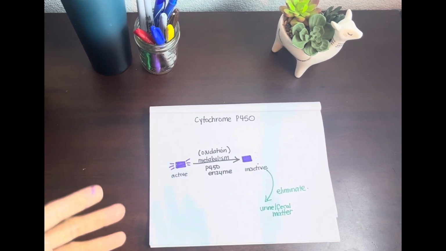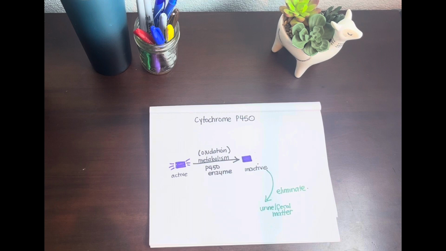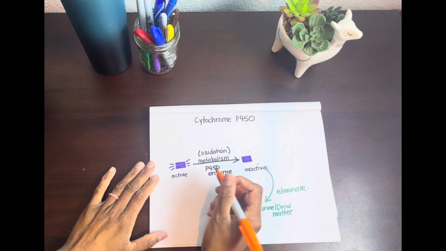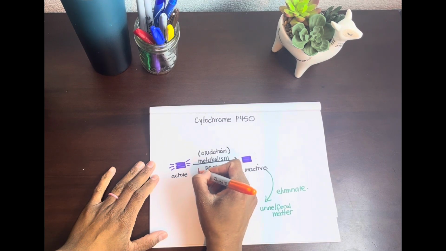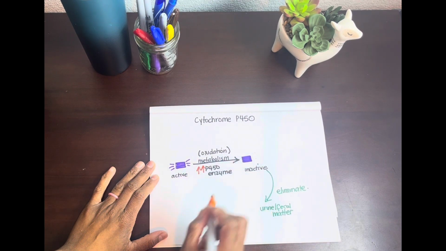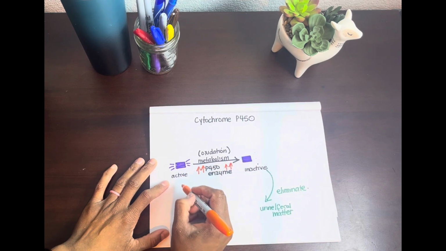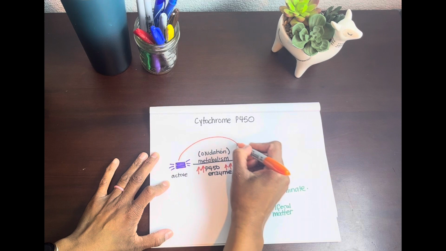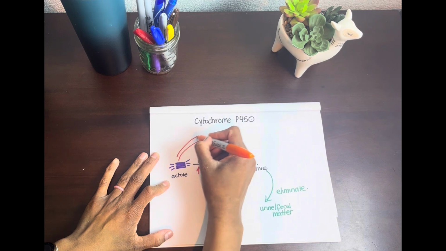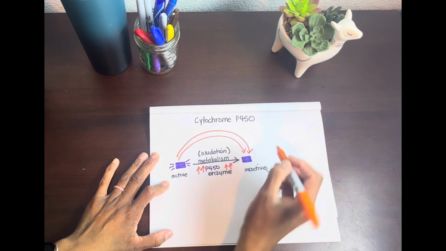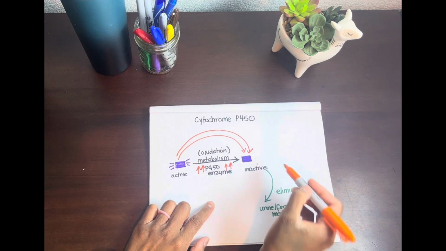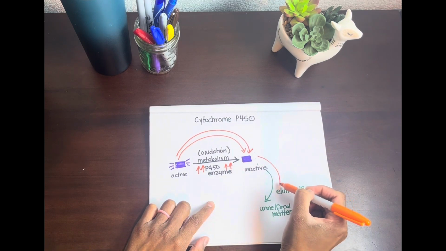Now let's see what happens if we introduce a CYP inducer, okay? So if we do an inducer, we're going to enhance this pathway, okay? So we're gonna get more conversion of active drug to inactive drug, okay? Which is going to further enhance this pathway.